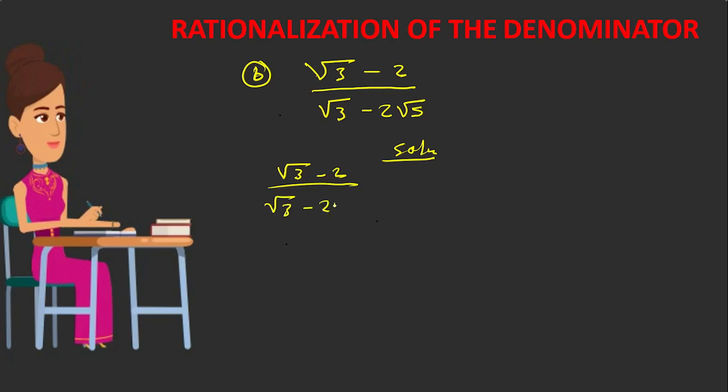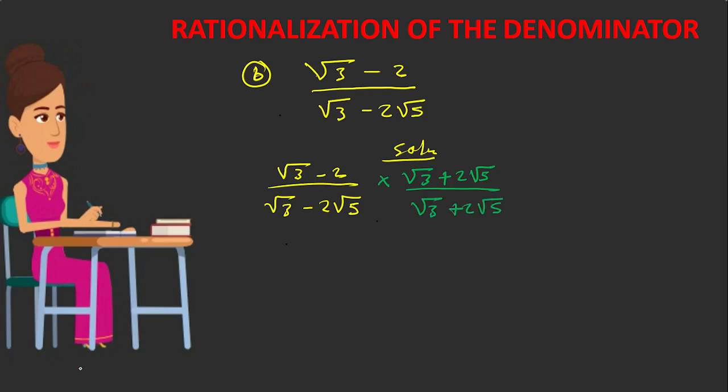Okay, so after that you're going to multiply everything by square root 3 plus 2 square root 5 over square root 3 plus 2 square root 5.